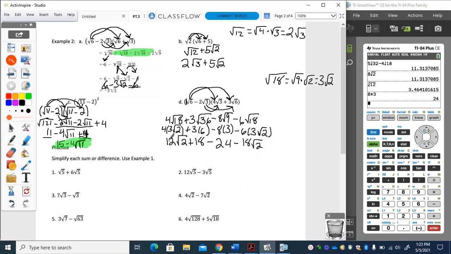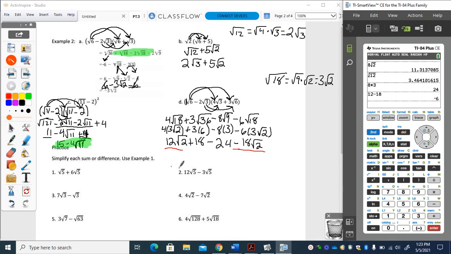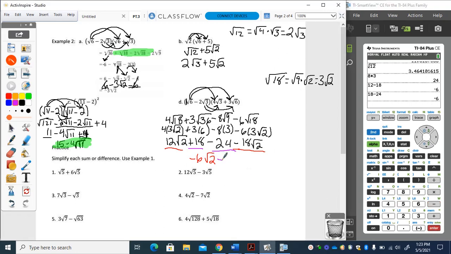We can combine 12 square root of 2 with negative 18 square root of 2 by combining the 12 and the 18. What do we get? 12 minus 18 is negative 6. We have negative 6 square root of 2. And then we can combine 18 minus 24. What is 18 minus 24? We get negative 6. We have negative 6 square root of 2 minus 6.